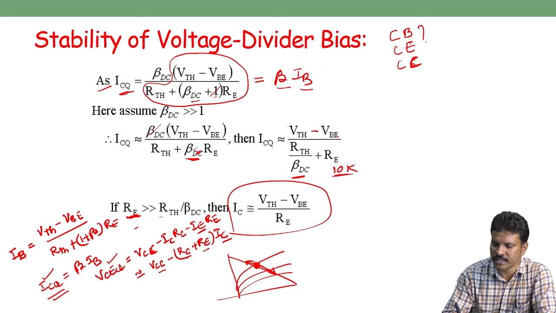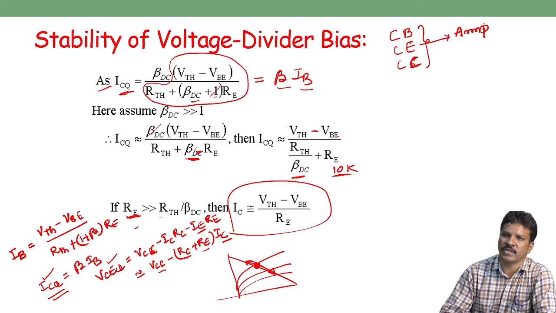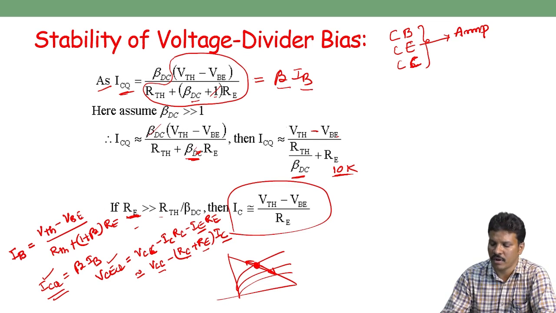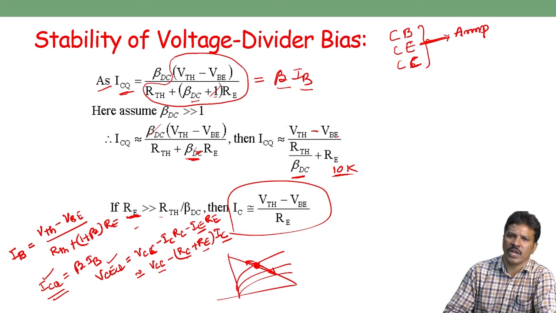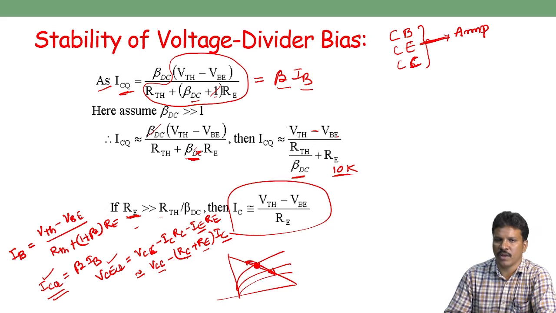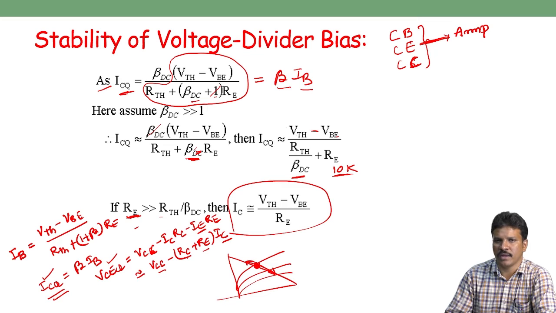After studying all three configurations, we have concluded that the common emitter configuration is more preferable for an amplifier: general amplification, voltage amplifier, current amplifier. So CE configuration is most preferable. Whenever we see any amplifier circuit, its configuration is always common emitter only.